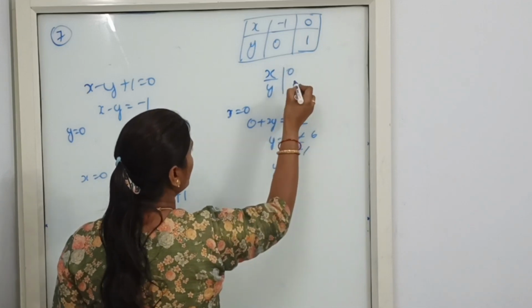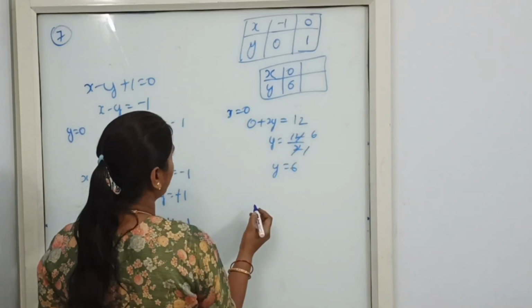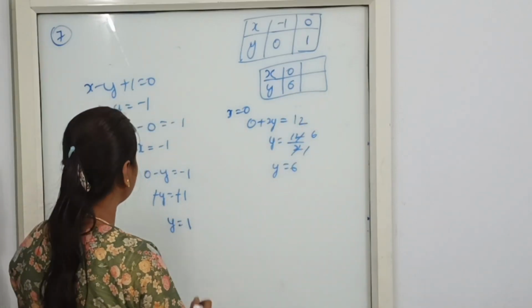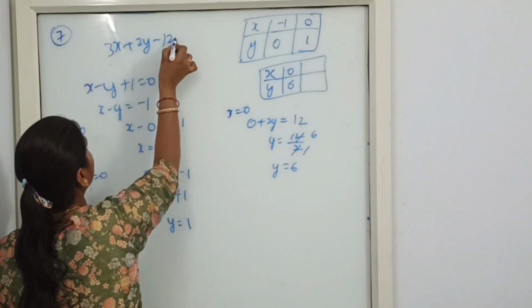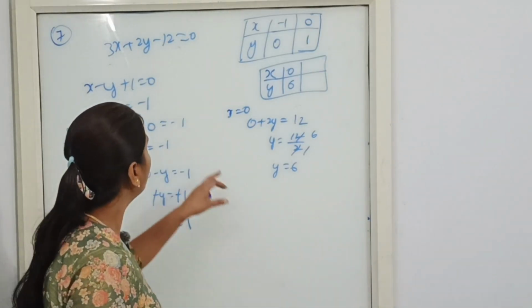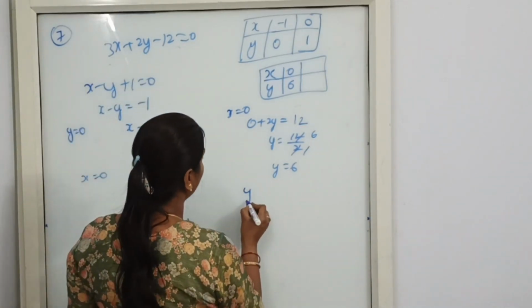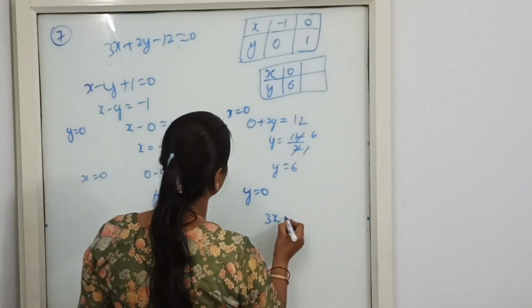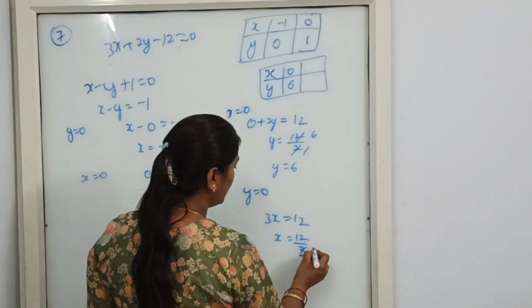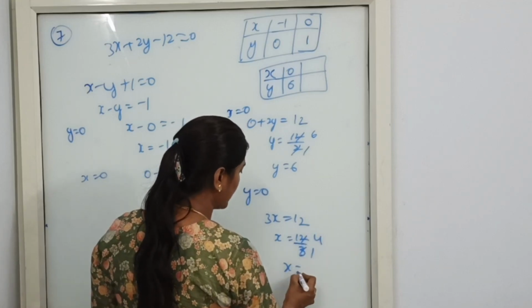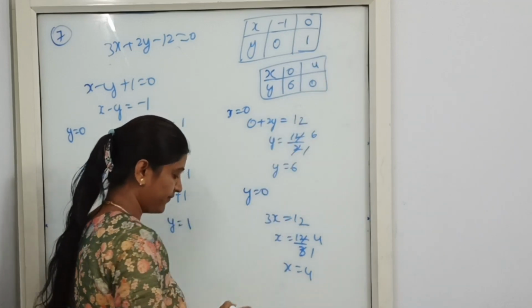If x is 0, y is 6. And the next one, the equation is 3x plus 2y minus 12 is equal to 0. This term 0 I took, this term you can also take. If y is 0, then 3x is equal to 12, x is equal to 12 by 3, 3 fours are 12, so x is 4. If y is 0, x is 4.